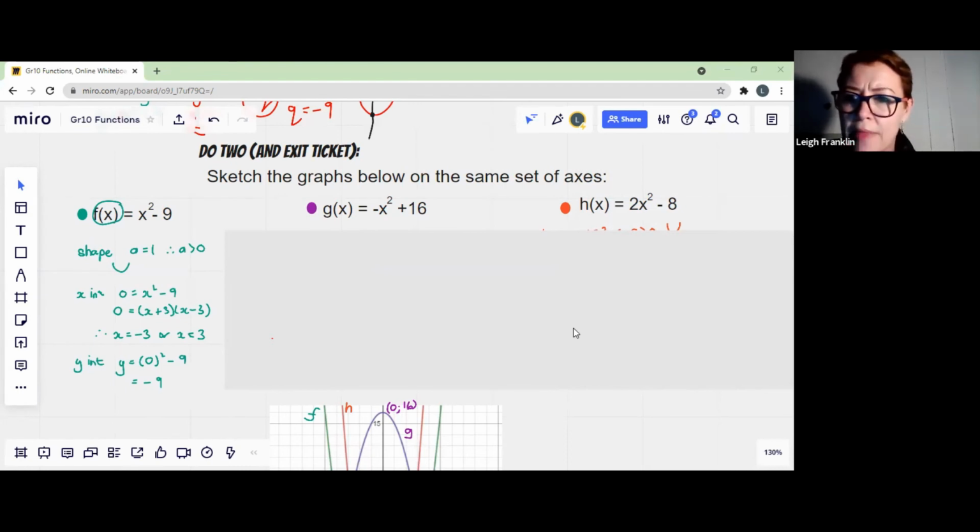Then we're going to apply the other rule that we were talking about. If we want to find our y-intercept, we're going to let x be equal to 0. So we're subbing in x is equal to 0 into our formula, and our y-intercept, or our turning point, is going to be -9. Kelebogile, does that make a little bit more sense?